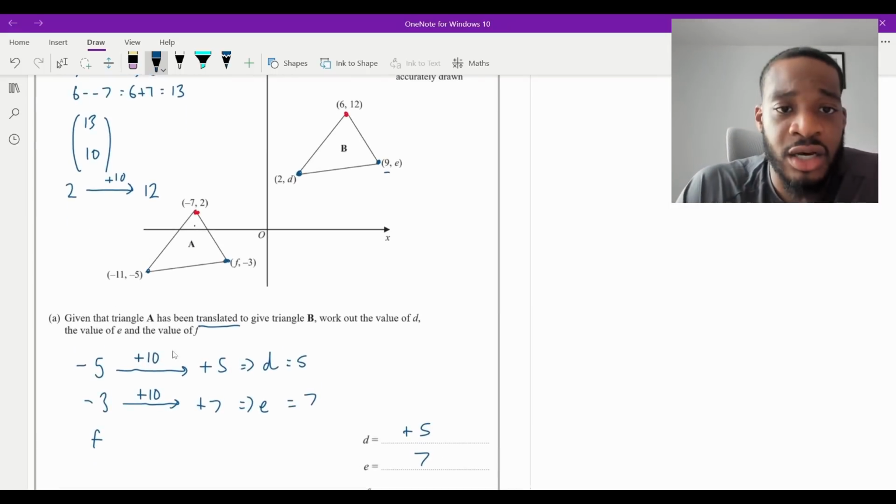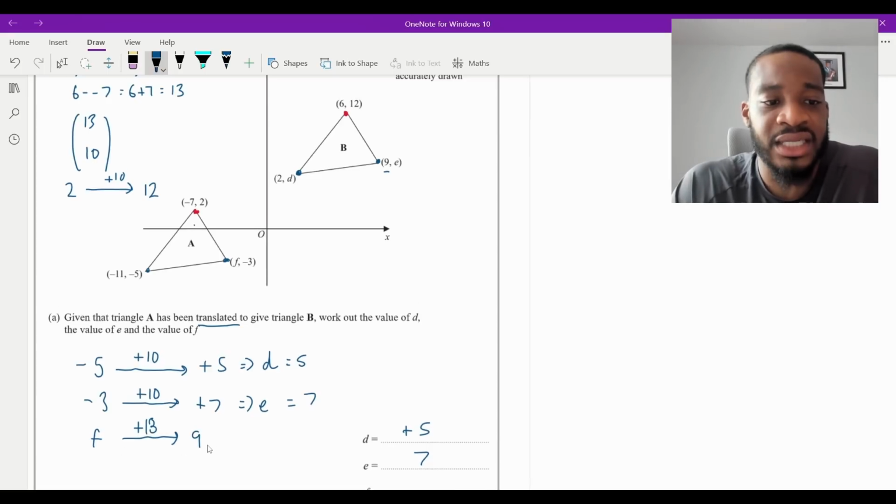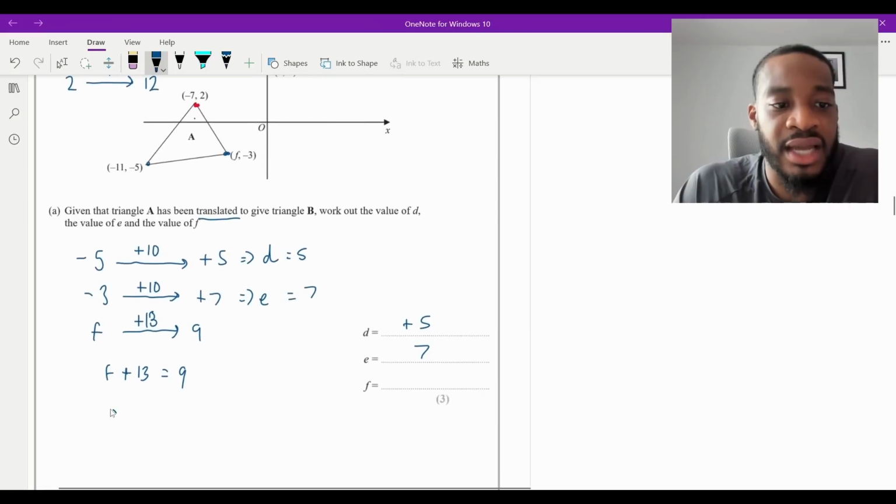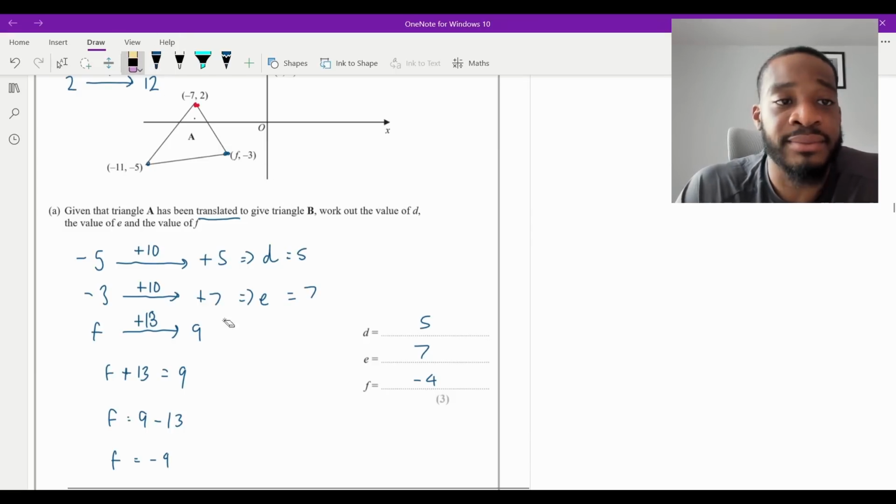So to get to the 9, it means that we have to have added on 13 onto F, and that will get us to 9. So essentially F plus 13 must equal 9. And that must mean that F is going to equal 9 take away 13, which is -4. So therefore, F is equal to -4. And that is our answers for part A. And yeah, that's it for part A.